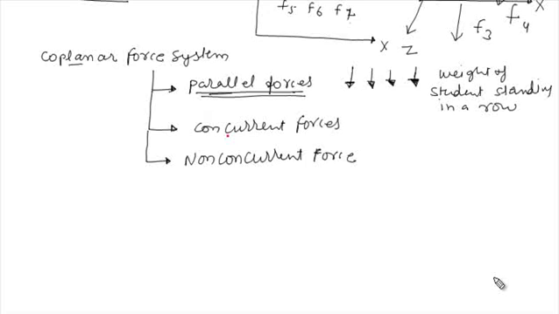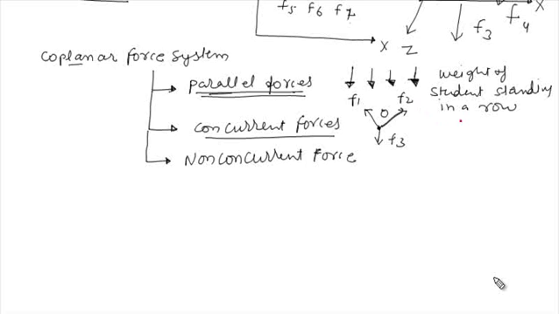Similarly, coplanar concurrent forces means the lines of action of all the forces will be in the same plane and will pass through a single point. Suppose these are F1, F2, F3. All these forces are in a plane and they are passing through a single point. So we can say that F1, F2, F3 are concurrent forces.